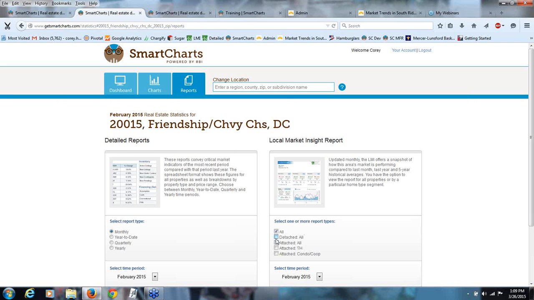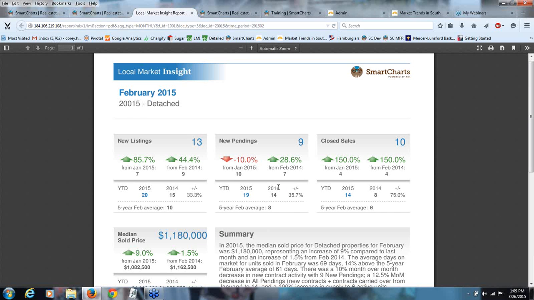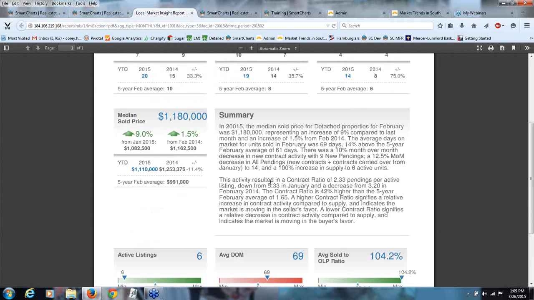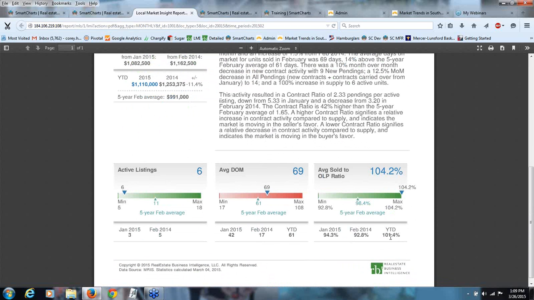And then finally, we looked at the Detached All Local Market Insight Report, which can be broken out for detached only, and all this information, 104.2%. Year-to-date is 101.4% of original list price. The average days on market is higher.